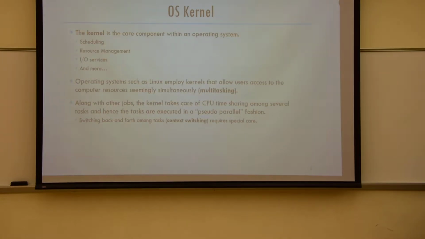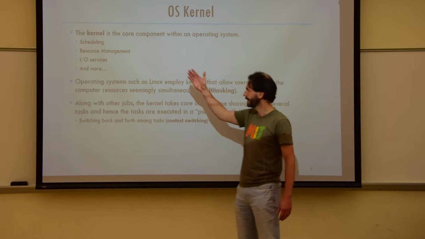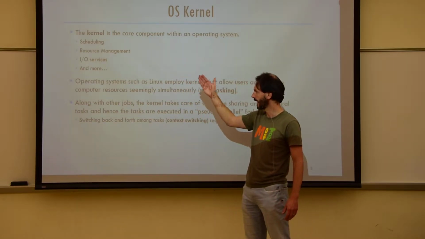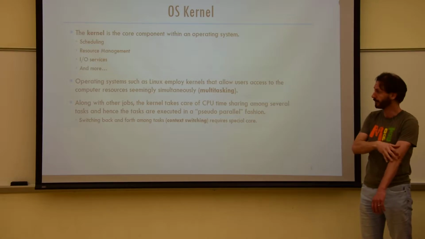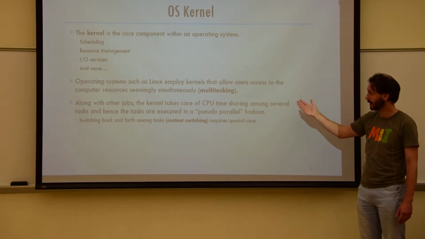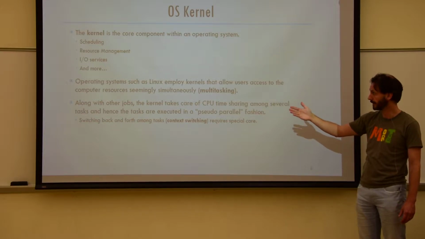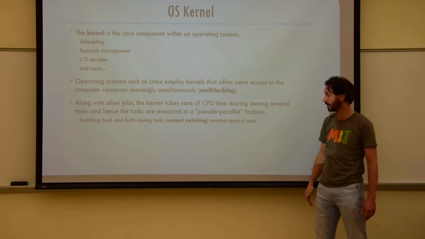Alright, so we talked about the OS kernel before. It consists of scheduling, resource management, I/O services, and so forth. Operating systems such as Linux employ kernels that allow users to access the computer resources seemingly simultaneously, so that is the multitasking that we talked about earlier.